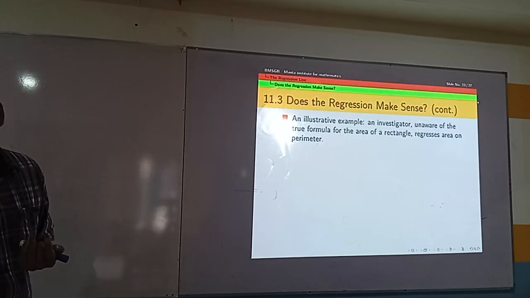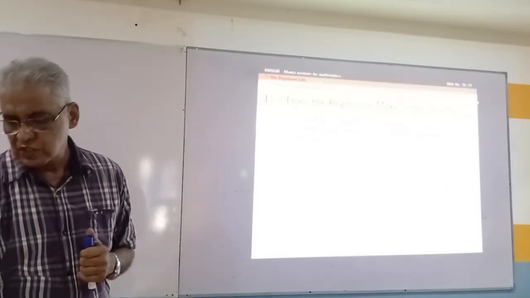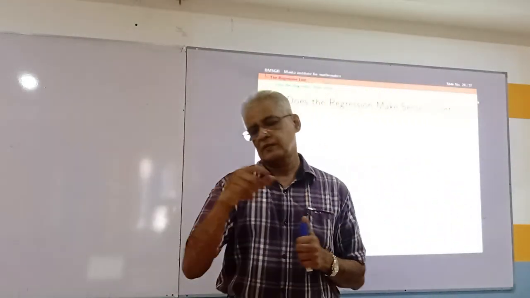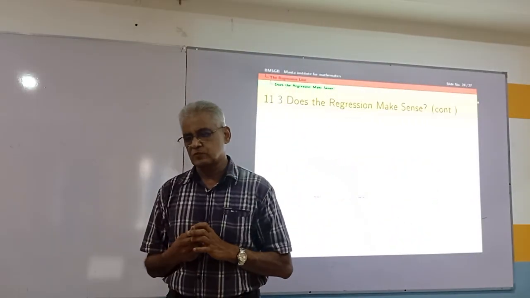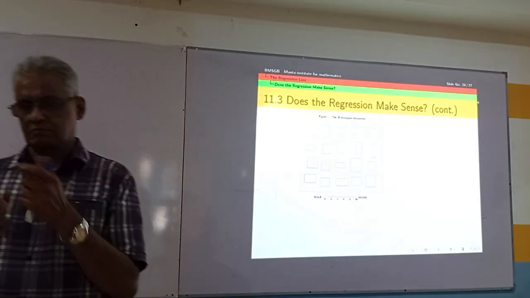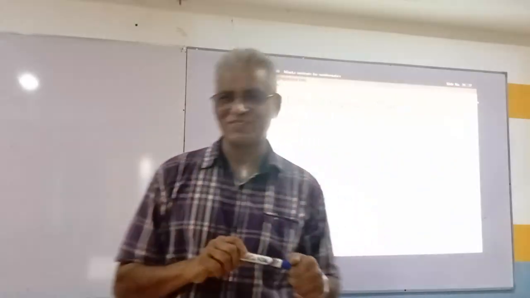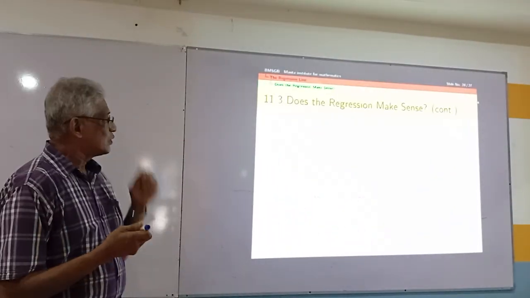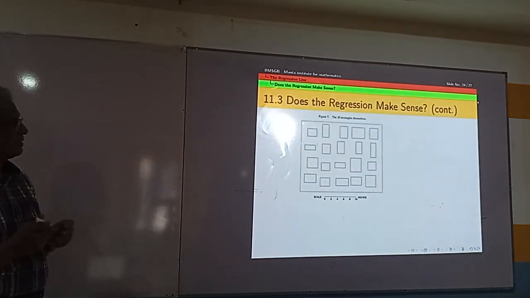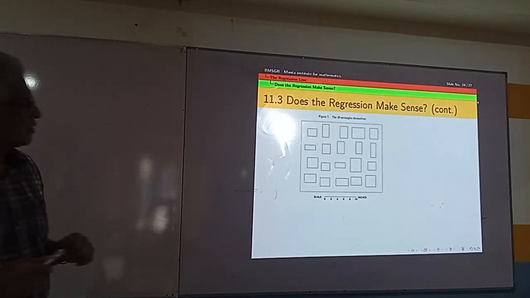To explain that, they have looked at a relationship between the area of some rectangles and what you call the circumference, right? The perimeter, yes. Circumference is for the circle. So they have looked at the relationship between the area and the perimeter, and they have considered all these pictures, these rectangles.